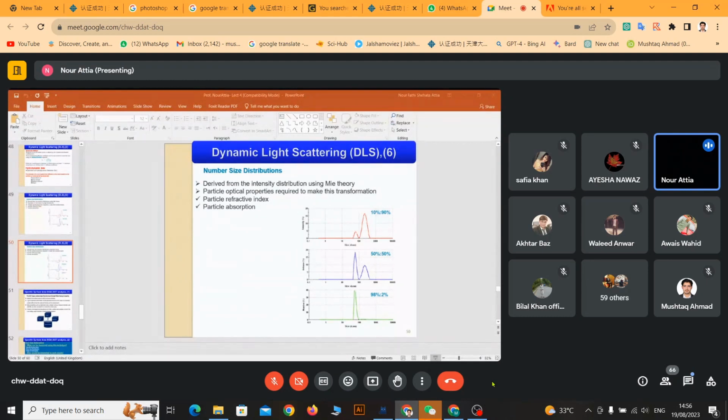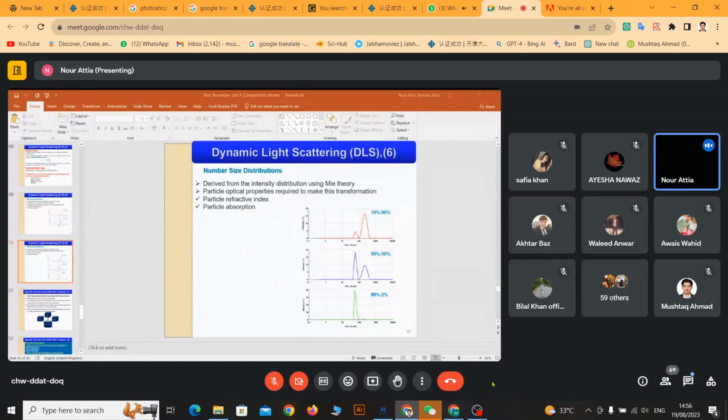But it will occupy big volume and big intensity. And it will give you fake results. But the majority of the nanoparticles you have developed, which is 100, the size is 5 nanometers. That's why if you use the volume distribution or intensity distributions, they will show you the 100 nanometer is the majority and the 5 is the minor.